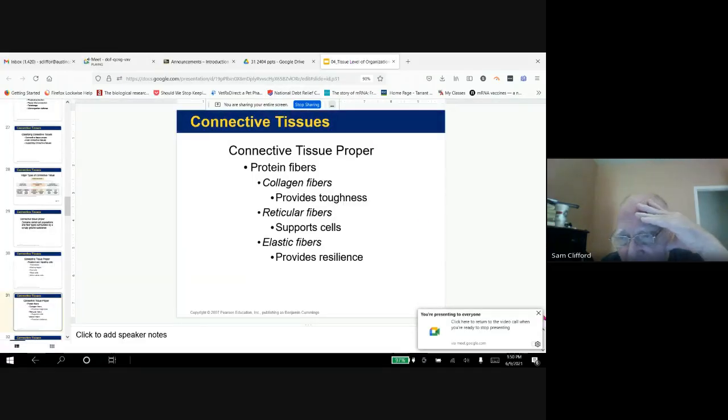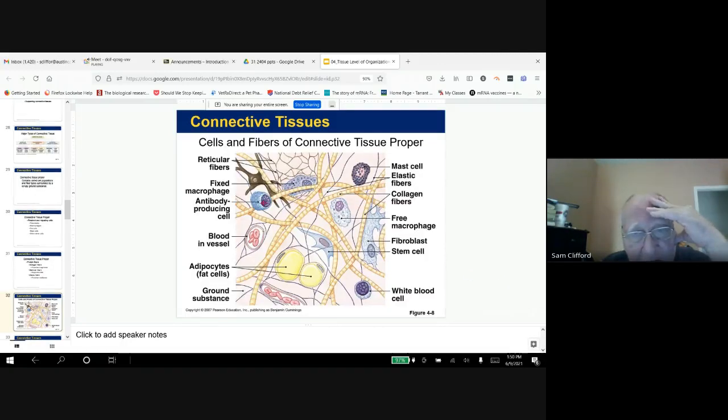So let's look at these connective tissues. This is loose connective tissue. This is found just below the dermis of the epithelium. It holds the dermis above it in place. It contains antibody-producing cells, fat cells, white blood cells, free macrophages, mast cells.